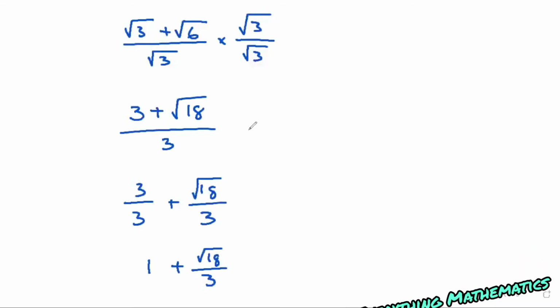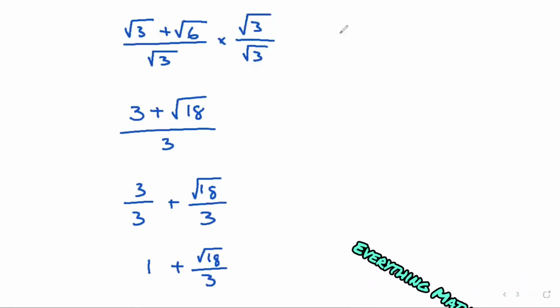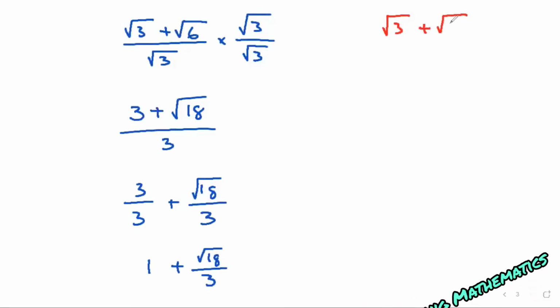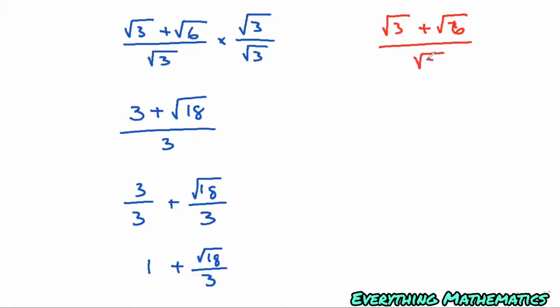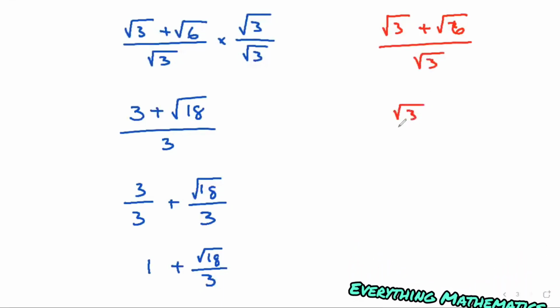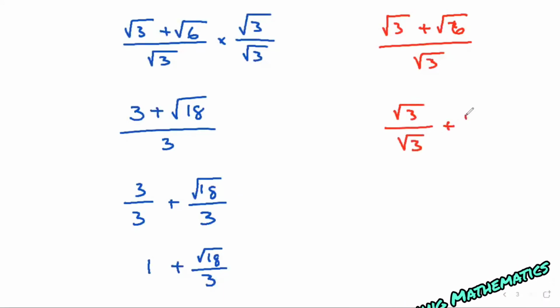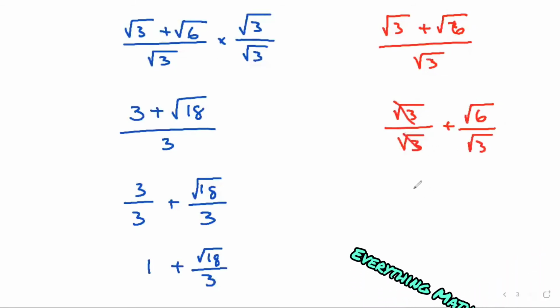And we could have done that from step 1 also, because notice, I didn't want to mention it there, but if you have root 3 plus root 6, all over root 3, this is actually the same as root 3 over root 3 plus root 6 over root 3. This root 3 would have cancelled this root 3 to give us 1.